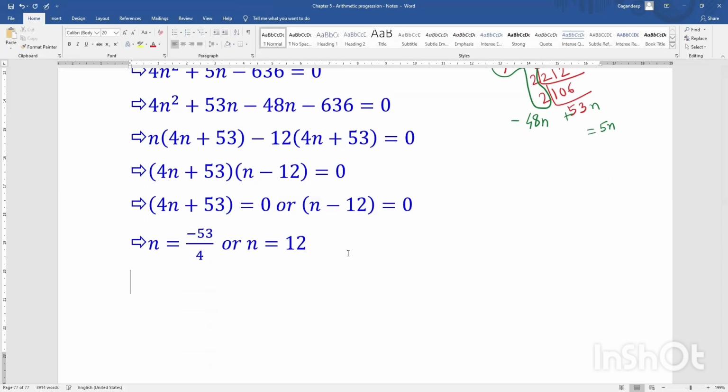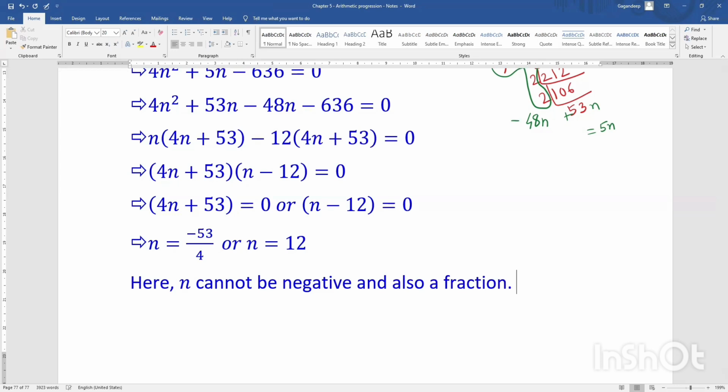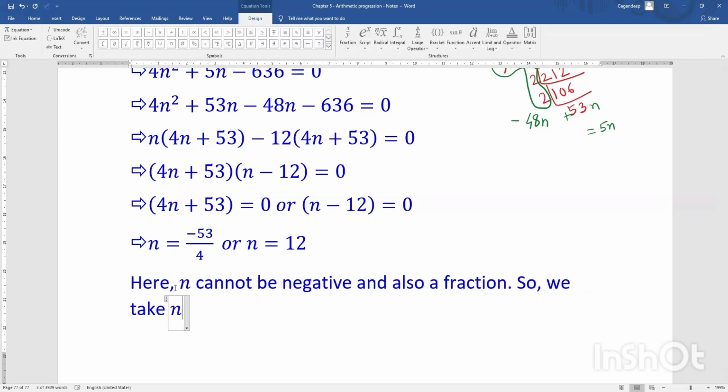Okay. Now here, since n cannot be negative and also n cannot be a fraction, we have to take n as 12. So we take n equals to 12.